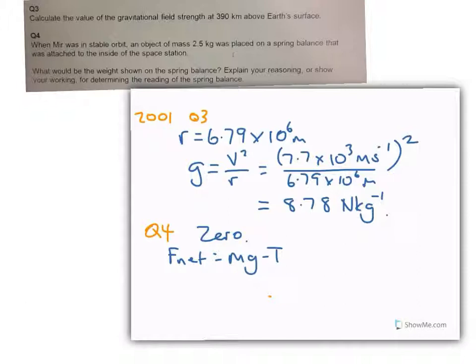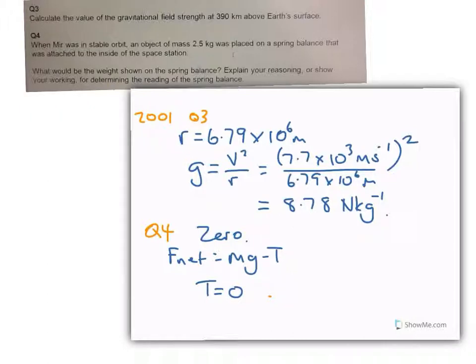The acceleration is equal to gravity, so the tension is going to be equal to zero. So you have a net force equal to zero, the tension is equal to zero. Mass times gravity will also be equal to that as well. So we've worked out gravity previously, so in this case the tension has to be equal to zero.